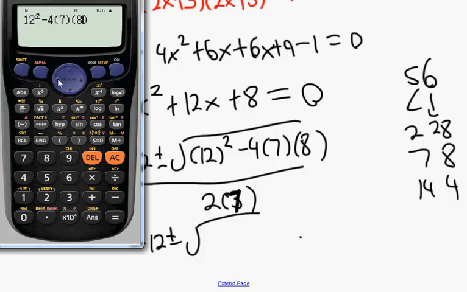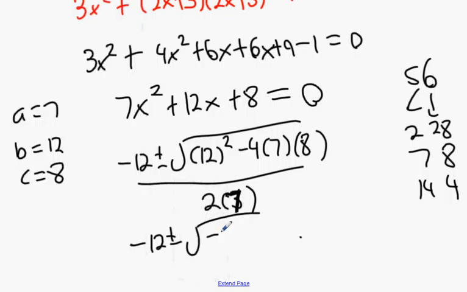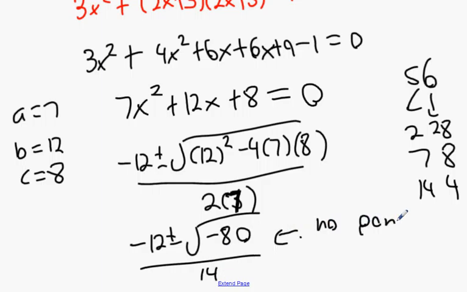Just be aware, when you're writing 12 squared, put the 12 in brackets, because if that was minus 12 squared, the answer could come out wrong. So I'll explain that in a second. The answer is minus 80 there, isn't it? And so then you say, look, no points of intersection. Does that make sense? Because you can't solve it. Yes, Luke?